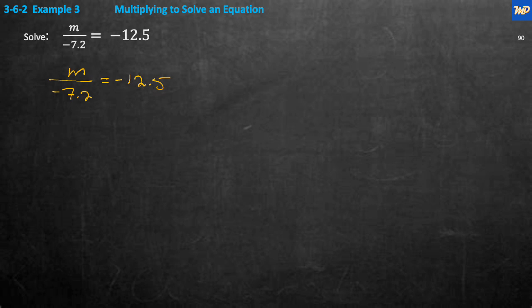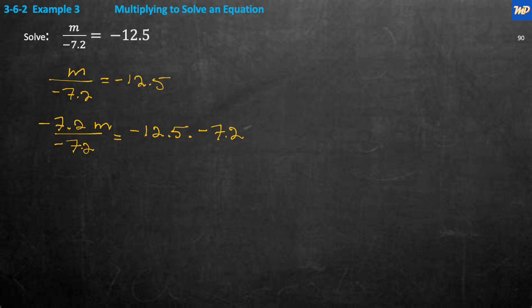So negative 7.2 times m over negative 7.2 is equal to negative 12.5 multiplied by negative 7.2.